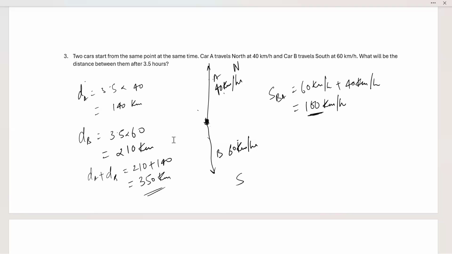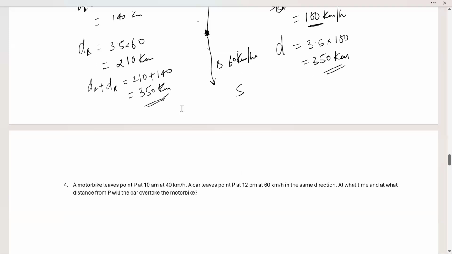So in 3.5 hours, it would be 3.5 into 100, which is 350 kilometers. And that is what we got using this approach also. ठीक है. चलिए, let's move to the next question.